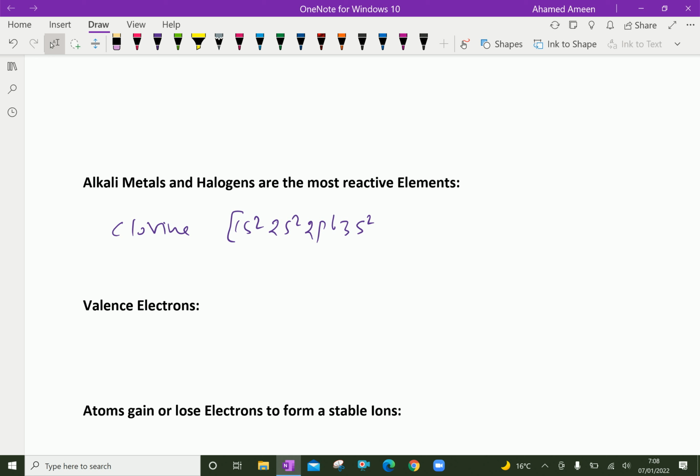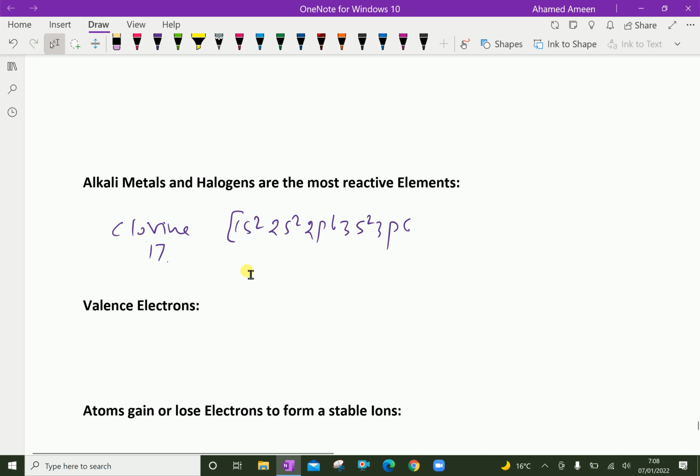Chlorine's electron configuration becomes 3p6. So 2 plus 2 is 4, plus 6 is 10, and 2 plus 6 is 18. But a chlorine atom has 17 electrons, and it gains 1 electron to form a noble gas structure.